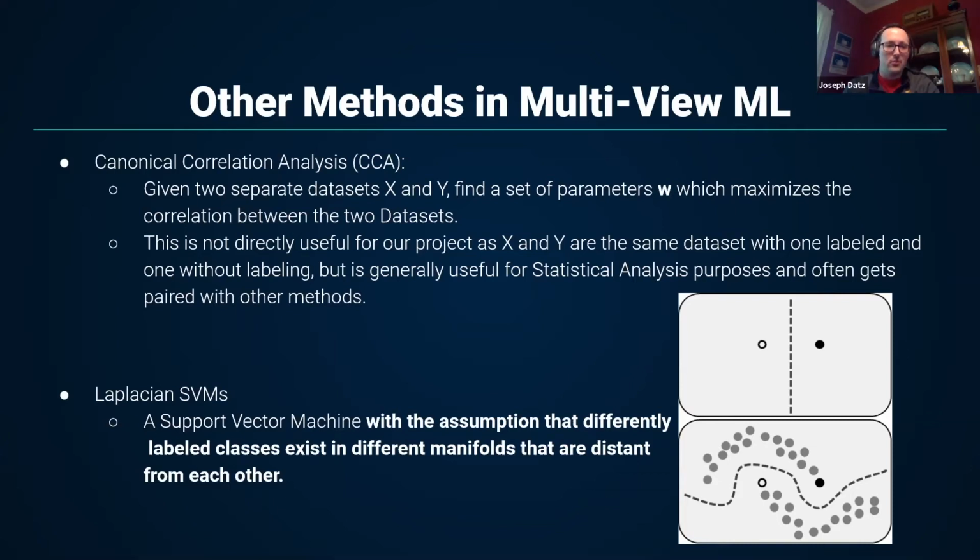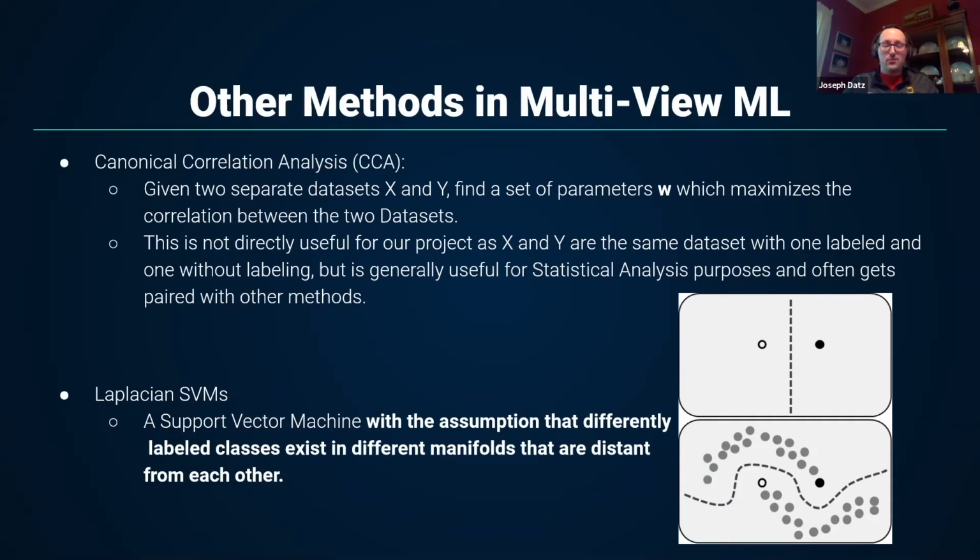First is called canonical correlation analysis. This is also very old, I should point out. The idea is that we're going to have two completely different data sets, X and Y, as in the columns of them are not going to be really related in any way. And then we're going to try and find parameters W that maximize the correlation between the two data sets.